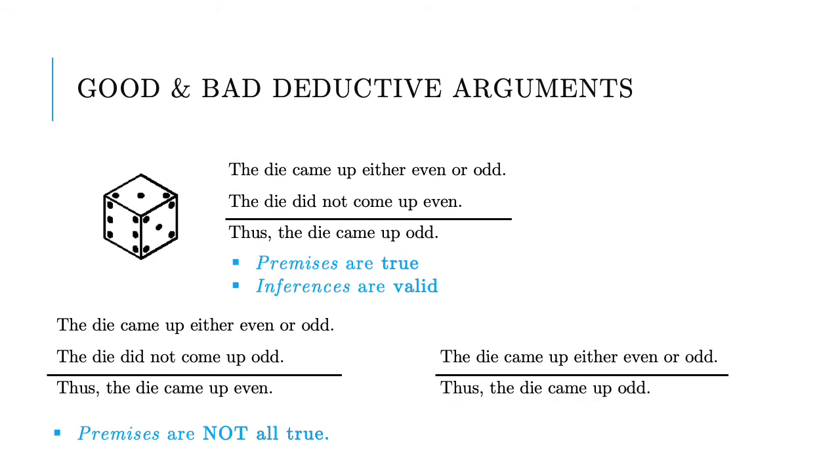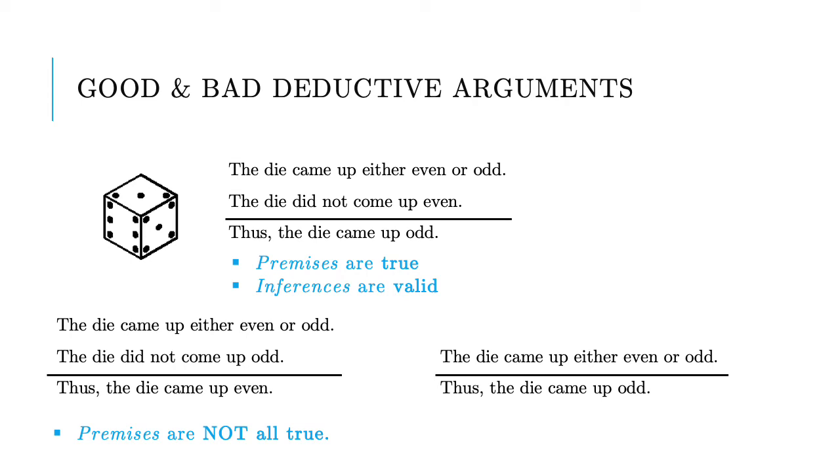Now consider the following. The die came up either even or odd. Thus, the die came up odd. Notice here, the premise is indeed true. This is our tautology. That must be true no matter what. Indeed, the die must have come up either even or odd. And even the conclusion is true. The die did come up odd.